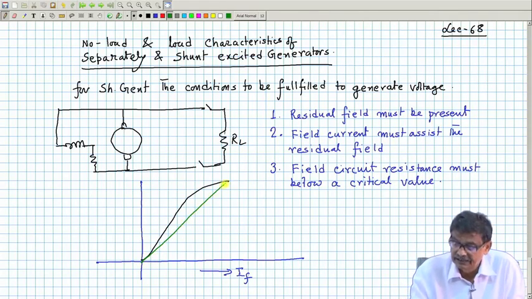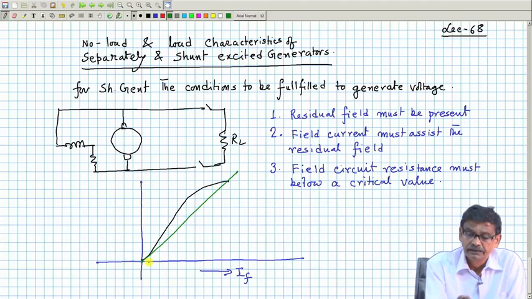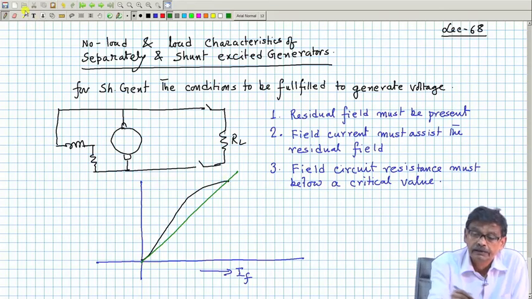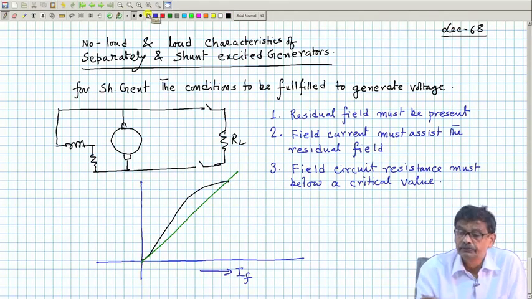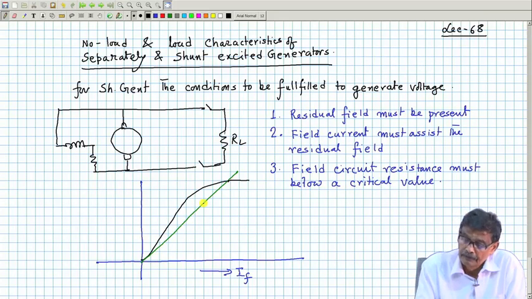The field resistance line must pass through the origin, because it is the V-I characteristics of this circuit, but the open circuit characteristic will start above it. Under open circuit condition the machine must develop this much voltage, the point of intersection.